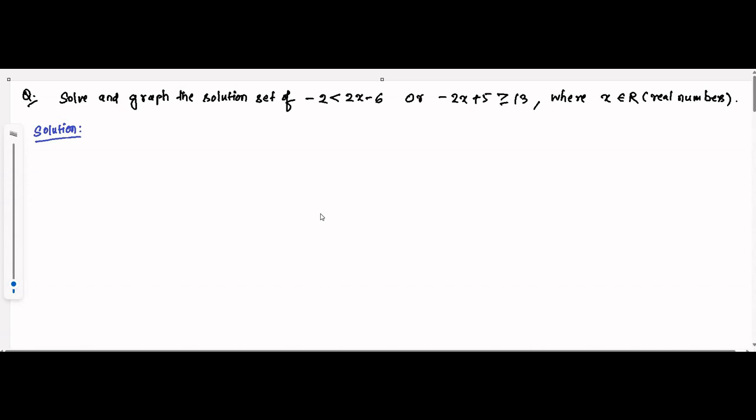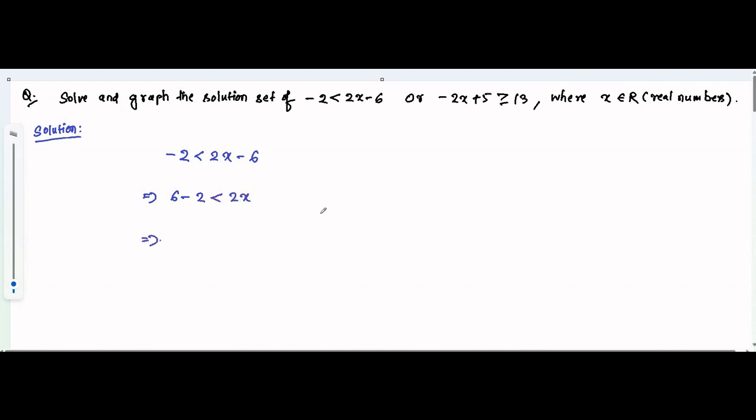Okay, so the first inequation is given by minus 2 is less than 2x minus 6. That implies if we take this minus 6 to the LHS, it becomes plus. So 6 minus 2 is less than 2x.